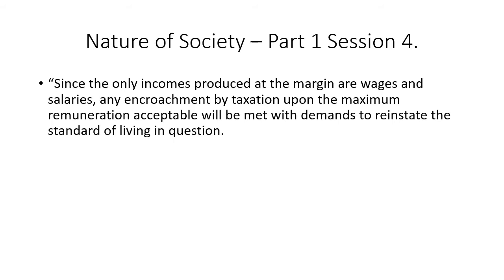Since the only incomes produced at the margin are wages and salaries, any encroachment of taxation upon the maximum remuneration acceptable will be met with demands to reinstate the standard of living in question.